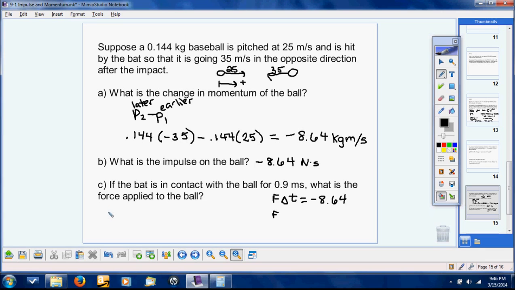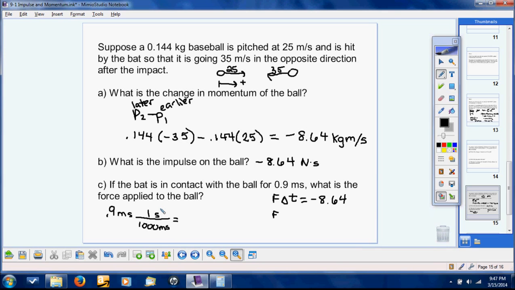Okay, as far as milliseconds go, so we have 0.9 milliseconds. There are 1,000 milliseconds in a second. Just like there's 1,000 milliliters in a liter, 1,000 milliseconds in a second. So you're really dividing that thing by 1,000.